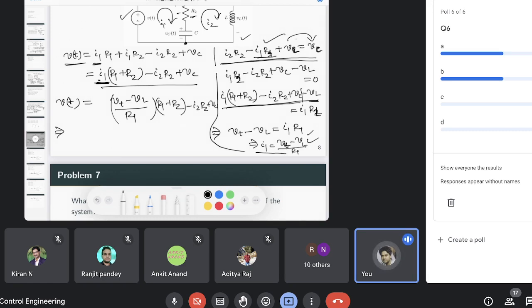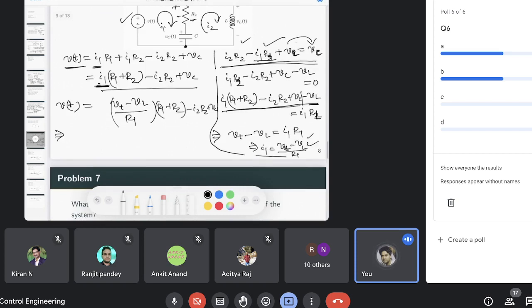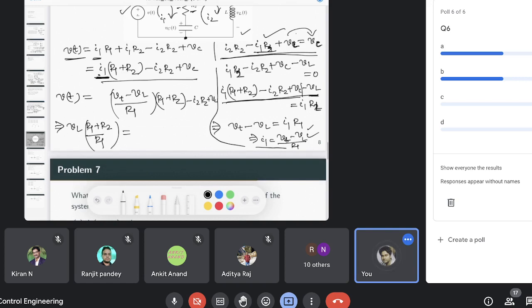Then you simplify this expression. You need it in terms of VL, so you keep VL on one side, VL times (R1 plus R2) by R1, and you take all the others to the other side, so this will be Vt and this Vt expression. You just simplify this, nothing else.